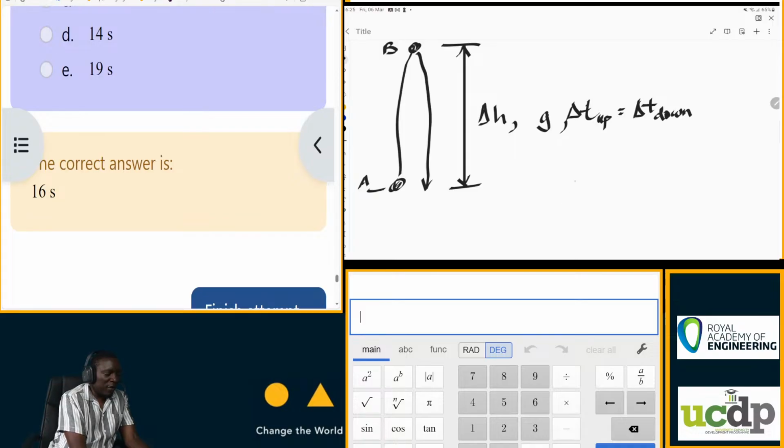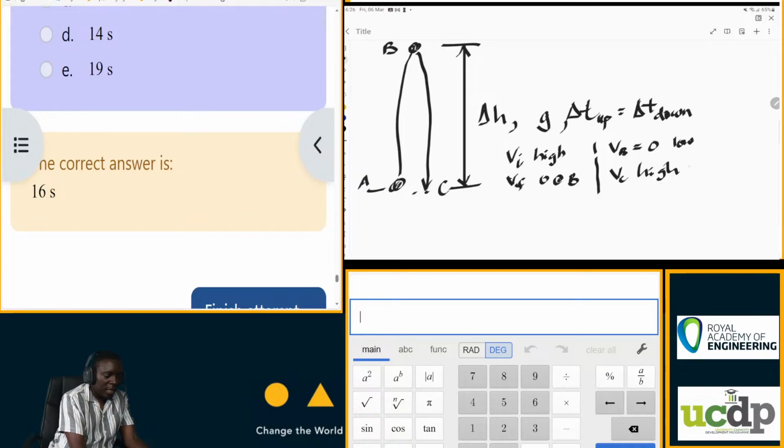Then if it's starting at A with a high velocity, it reaches B with 0 velocity. So V initial is high at A, then V final is 0 at B, which is low at B, and V at C, let me call it C when it comes back past the same point, being high, right?